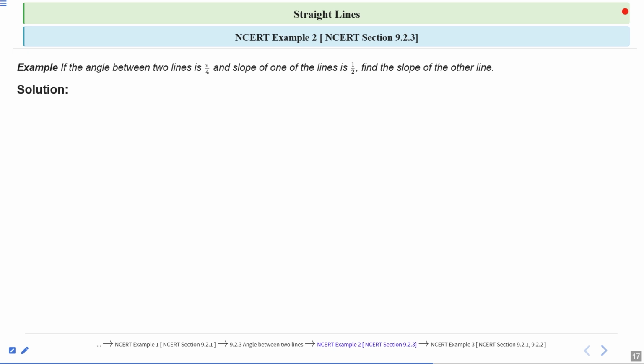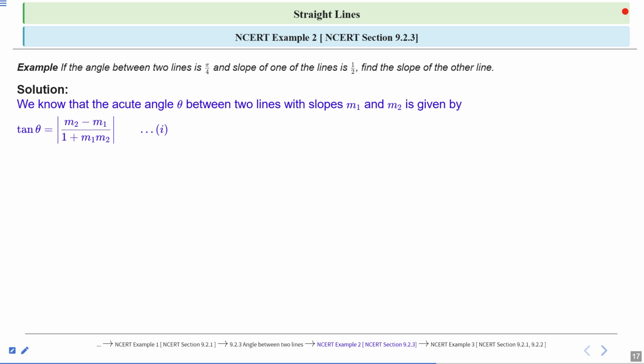We know that the acute angle theta between two lines with slopes m1 and m2 is given by tan theta equal to modulus of (m2 minus m1) divided by (1 plus m1 into m2), where m1 is the slope of one of the lines and m2 is the slope of the other line, and theta is the acute angle between the two lines. Clear?